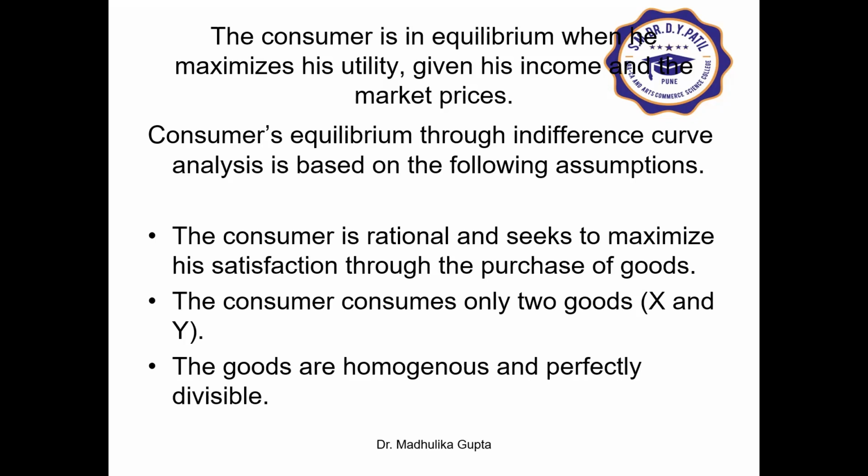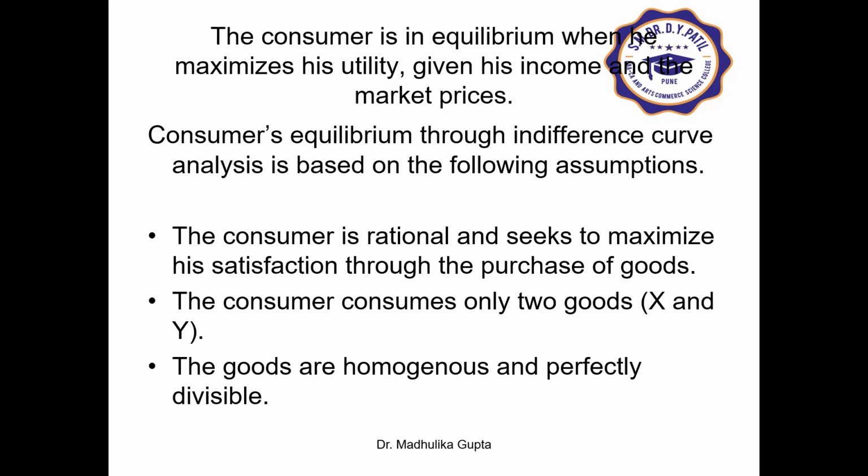A consumer may find out his equilibrium condition with the help of indifference curve analysis. Consumer's equilibrium through indifference curve analysis is based on assumptions like: the consumer is rational and seeks to maximize his satisfaction through the purchase of goods. The consumer consumes only two goods, for example, X and Y. The goods are homogeneous and perfectly divisible.